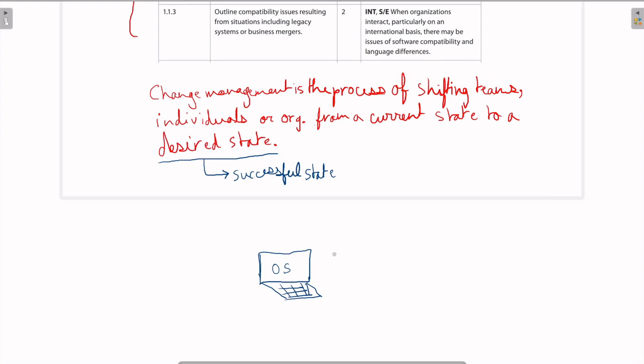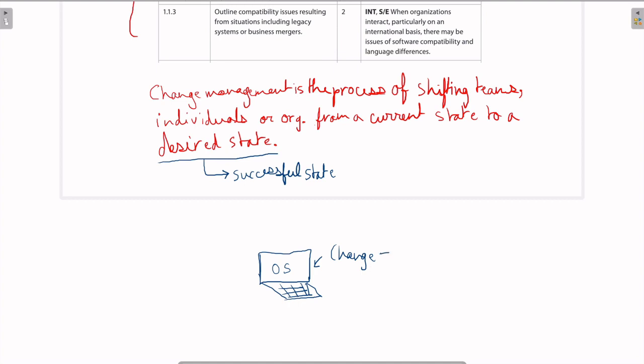They've brought about some change here, and to ensure that this company's operations run smoothly, they must train their employees to use this operating system properly, to fully gauge the benefits of this change, right? Because the goal of a change is to get benefits from that, whatever they may be. So let's say introducing this new operating system gives them some benefits.